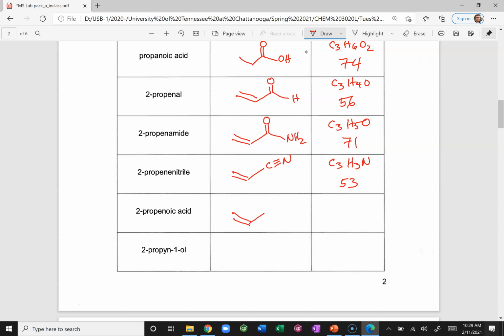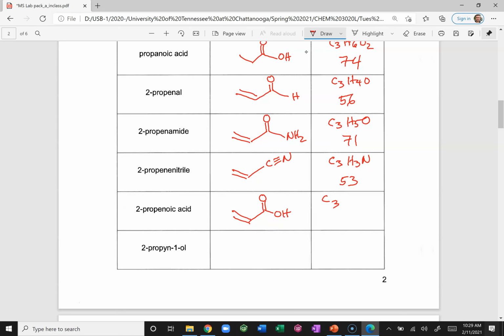Propenoic acid is that. C3H4O2 and 72, and this one is 2-propyn-1-ol. So triple bond, it looks like that with an alcohol oxygen. C3H4O, and this has a mass of 56.